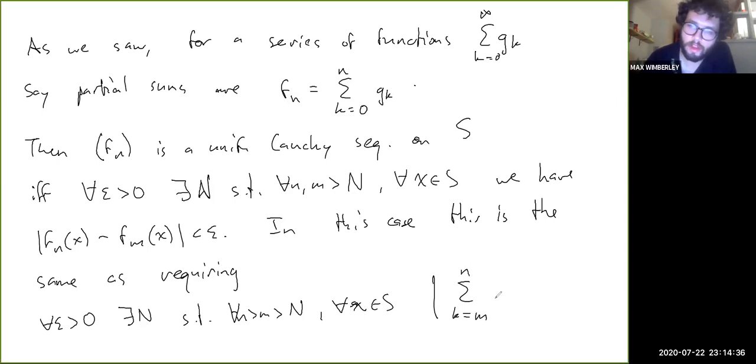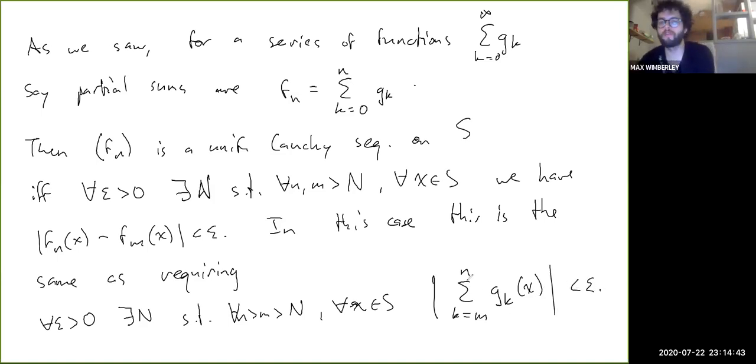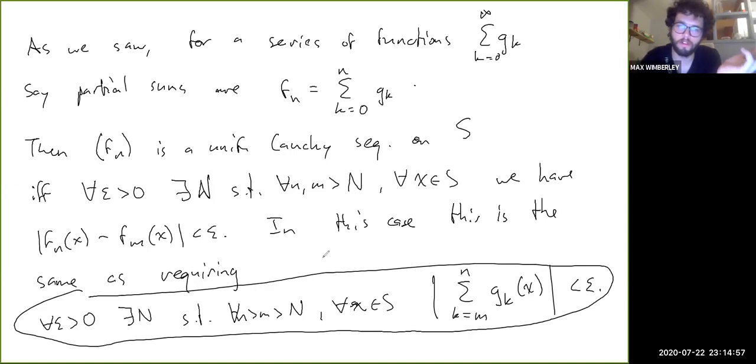So if you remember the Cauchy criterion for series of numbers, this is the exact analog of that just for functions. So this would be called the uniform Cauchy criterion for series of functions.